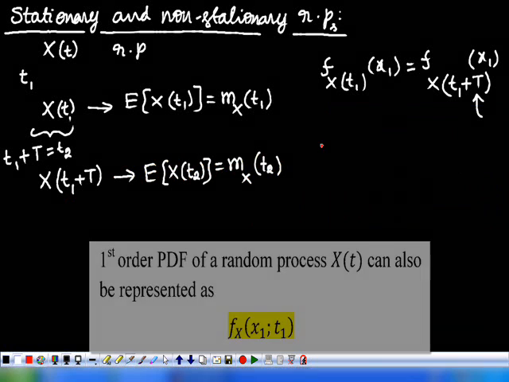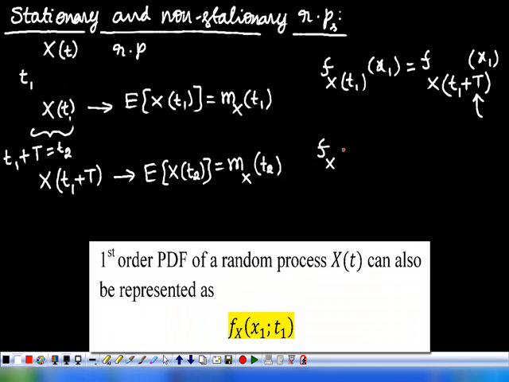So here you can also write this as fx of x1. Let this be x2, because the value taken by the random variable x of t2 is x2. So this can also be written as fx of x1 comma x2 and t1 comma t2. What does this indicate?